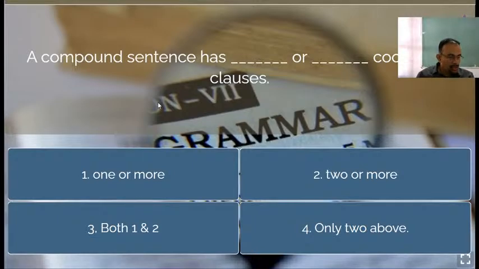He is honest is also independent in itself, right? So both these sentences are independent. So a compound sentence has at least two independent sentences. These independent sentences are called coordinate clauses. Always remember, these independent sentences are called coordinate clauses.